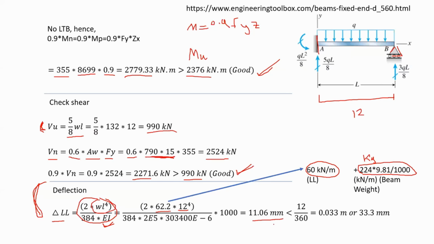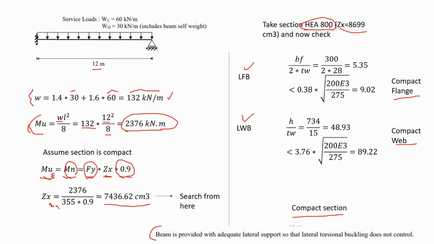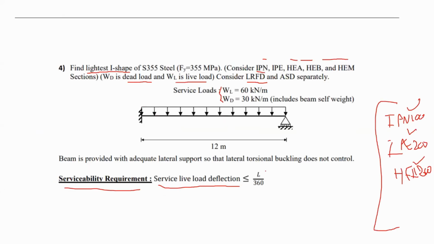Okay, 11.06 millimeters, if we applied such a load like this, live load only. And notice it says you should compare it with this value, L over 360. So is this condition satisfied? We had here 11.06.